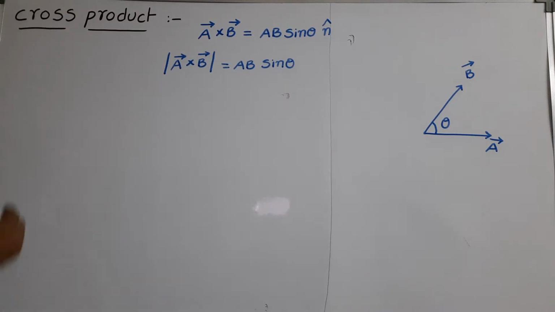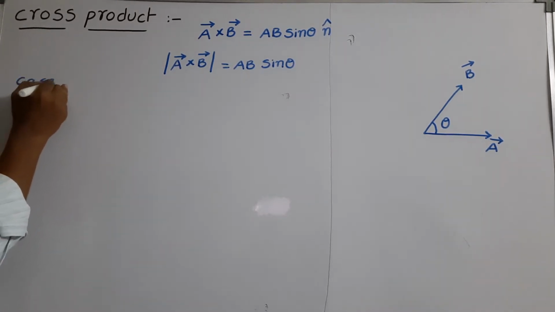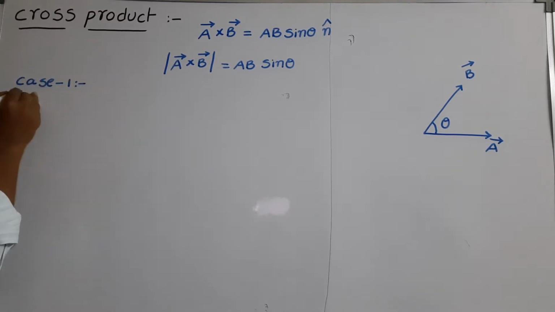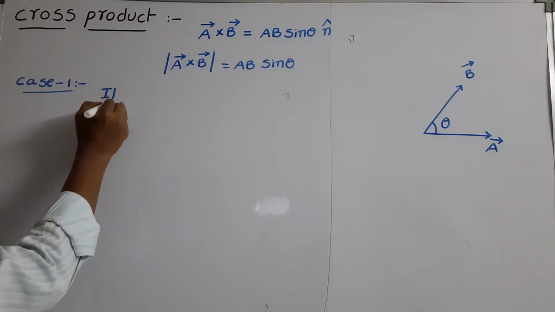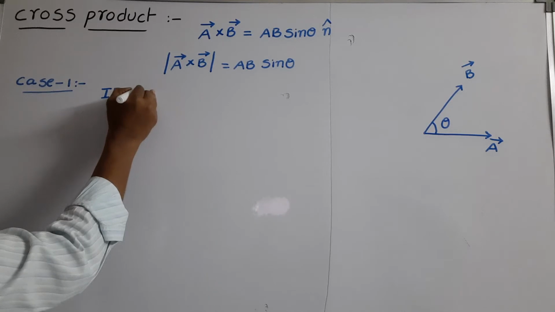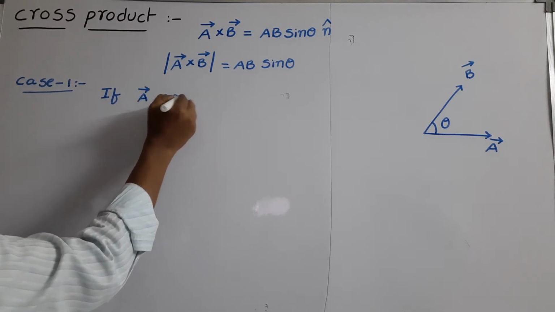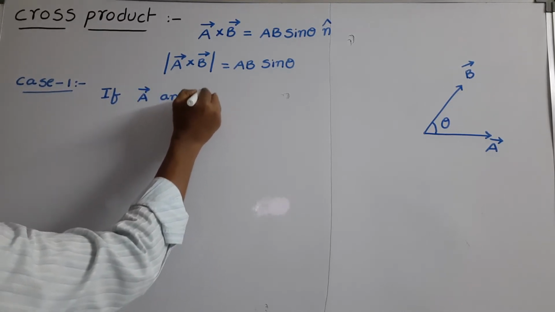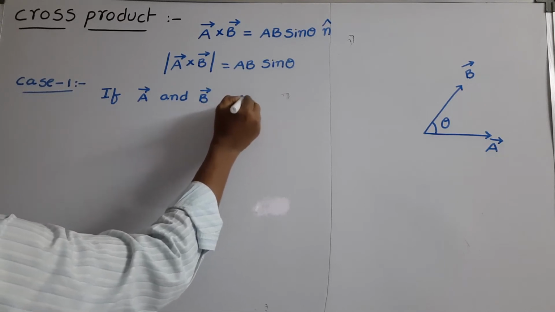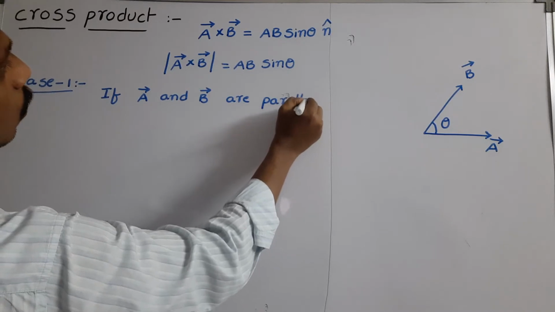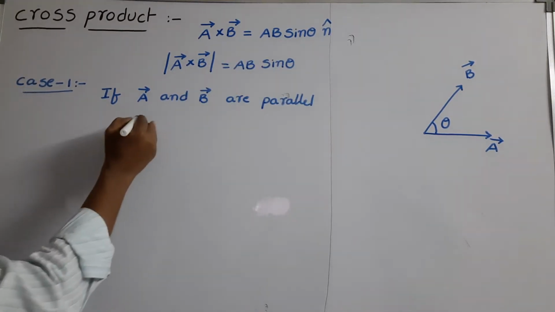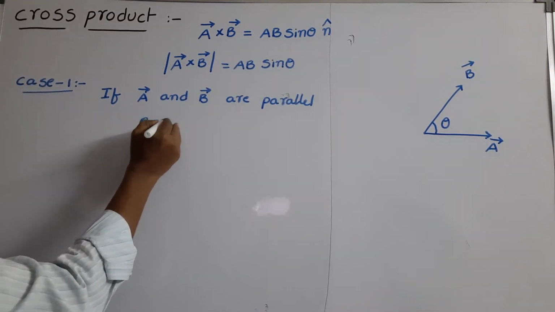Here different cases are there. In case 1, if two vectors are parallel to each other, if a bar and b bar are parallel, then theta is equal to 0 degree.